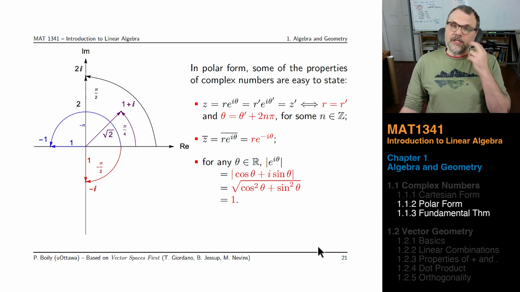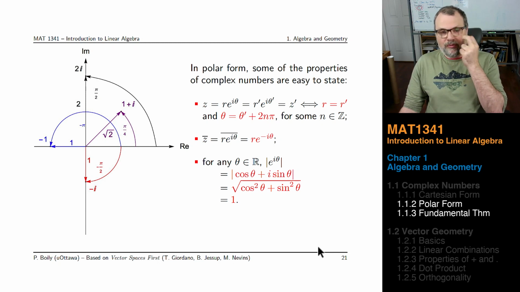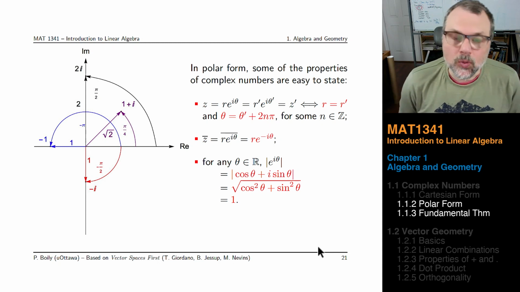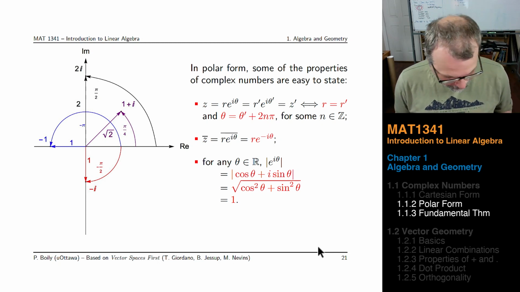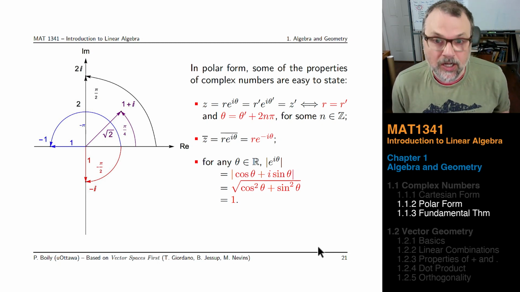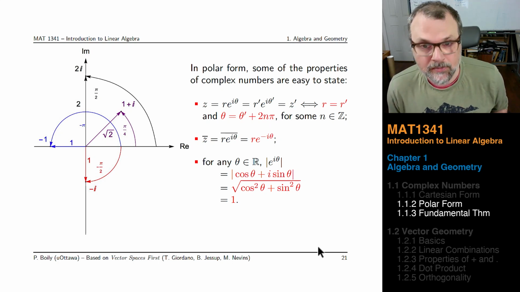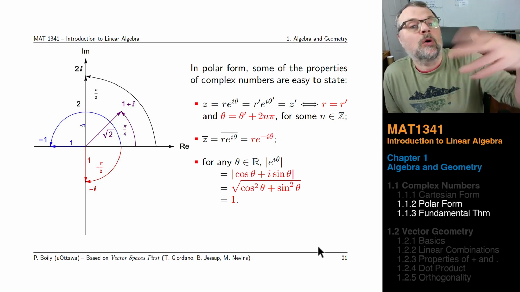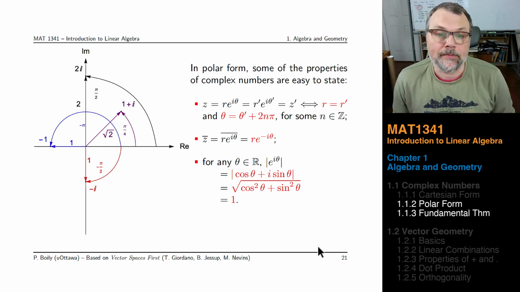Some of the properties of the complex numbers are very easy to state if you use polar form. If you write that two numbers are equal in polar form, then you have to have that their moduli are the same, and that their angles are the same up to a multiple of 2 pi.